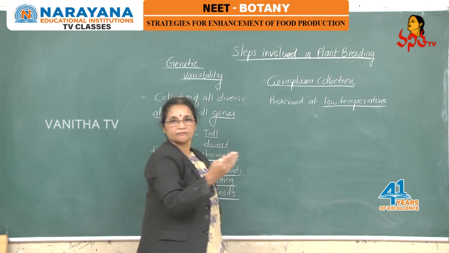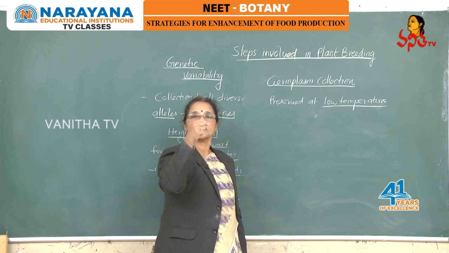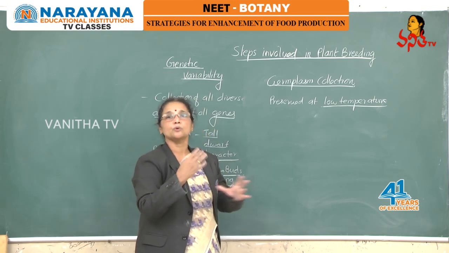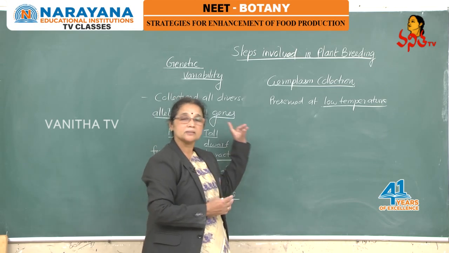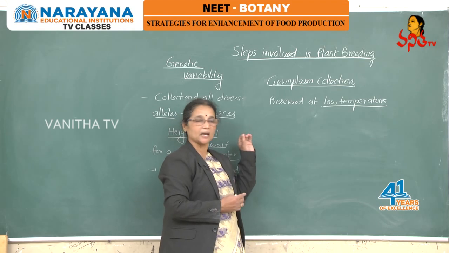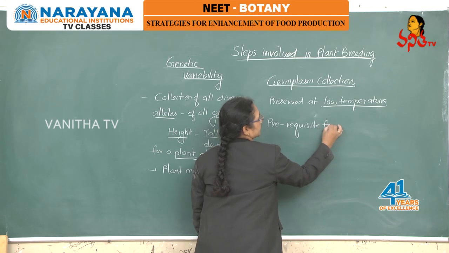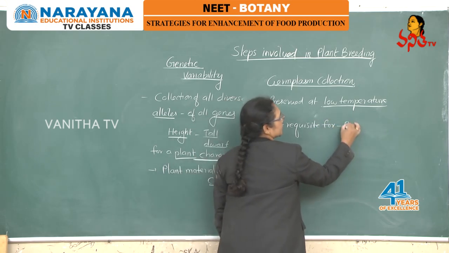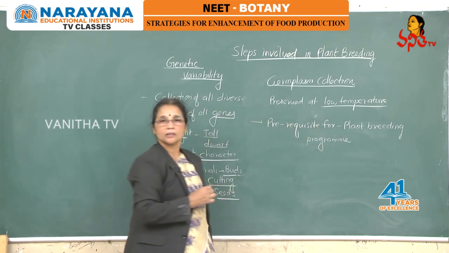In the future, when we want any character, we can select any material which has the desirable character, and use it for the next step of the plant breeding. That is the main essence of the collection of variability, and this step is considered the prerequisite for the plant breeding program. Remember children, this is very important.